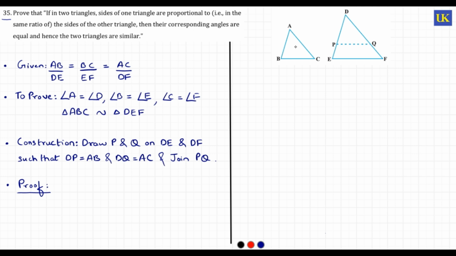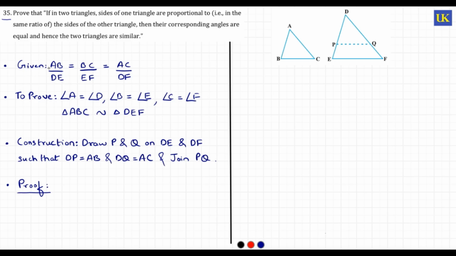So they are saying that if all the sides of this triangle are in proportion with all the sides of this triangle, then their corresponding angles are equal. Then if the sides are in proportion, then the angles will be equal, so that A will be equal to D, B will be equal to E, and C will be equal to F, is what we have to prove. And hence the two triangles are similar.